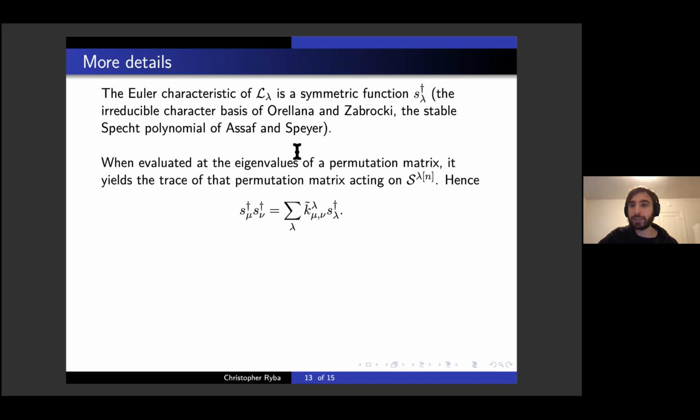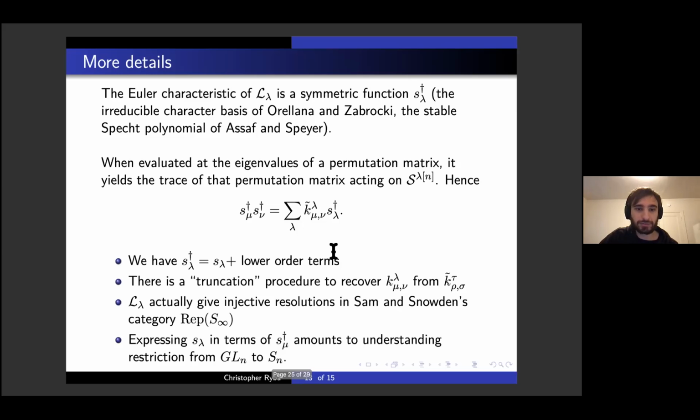So I should only try to evaluate them at eigenvalues of permutation matrices. But if I do that, then what I get is the character of the associated permutation acting on a particular Specht module. And it's not too difficult to deduce from that actually these polynomials multiply with structure constants that are the fusion rules for this sort of stable setting, the reduced Kronecker coefficients.